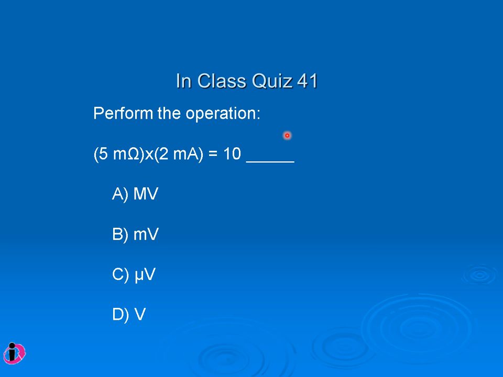What is the answer? It's 10 micro, because this is 10 to the power negative 3 and this is 10 to the power negative 3, and you are multiplying, right? Multiplying means you are basically adding their powers. Negative 3 plus negative 3 is negative 6, which is micro. So the right answer is C.